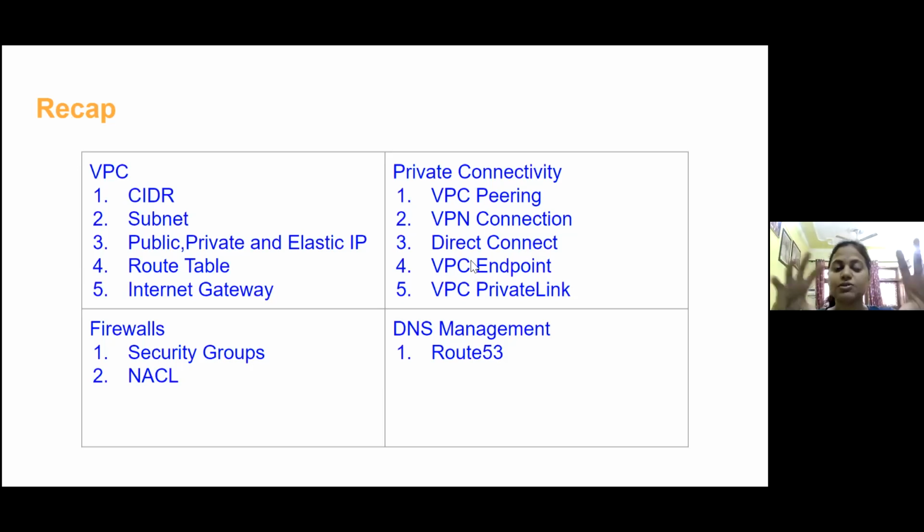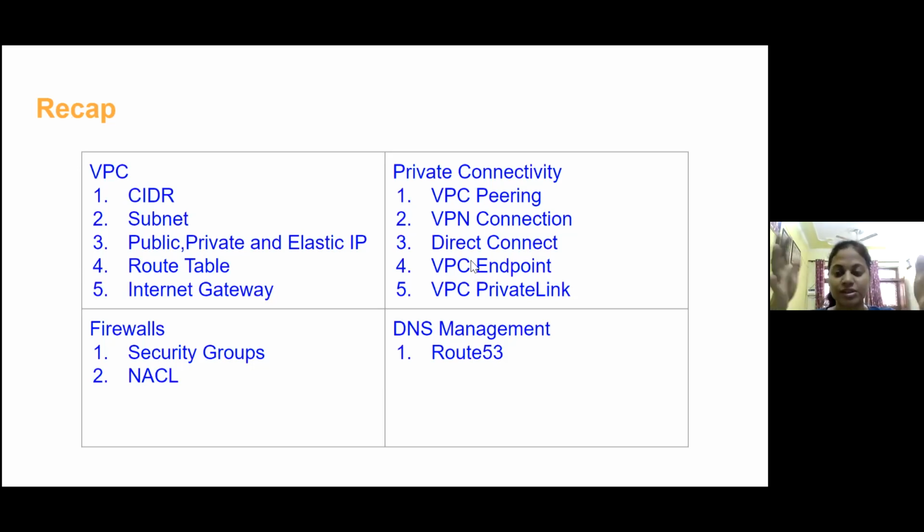Route tables are of three kinds. One is your main route table, which gets created the moment you create a VPC. Then you've got custom route tables: the one associated with your private subnet, that is your private route table, and the one associated with your public subnet, that is your public route table.